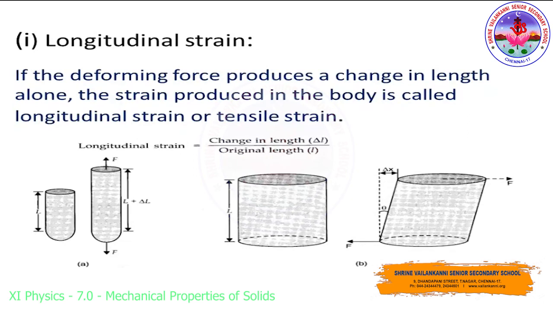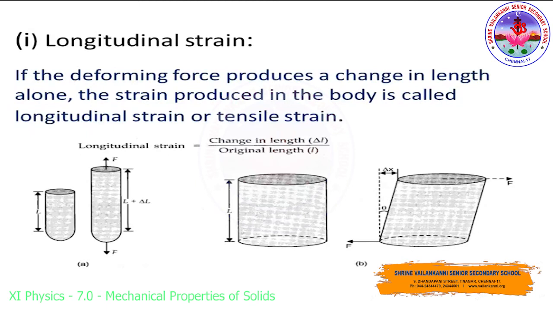What is longitudinal strain? Longitudinal strain is nothing but the ratio of change in length to the original length. That means longitudinal strain is equal to change in length, delta L, by the original length L. See, the diagram shows that the length is getting varied.